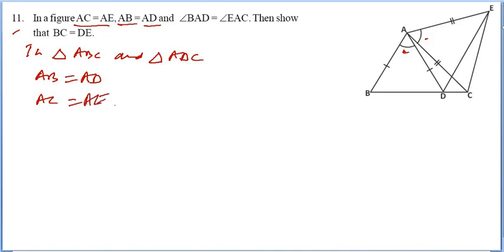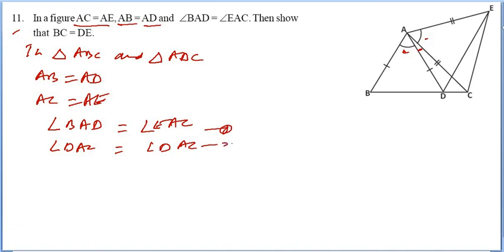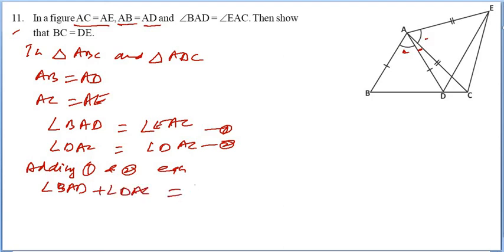Also, angle BAD is equal to angle EAC, and the common angle is DAC, so angle DAC is equal to angle DAC. Adding the first and second equations, angle BAD plus angle DAC is equal to angle EAC plus angle DAC.